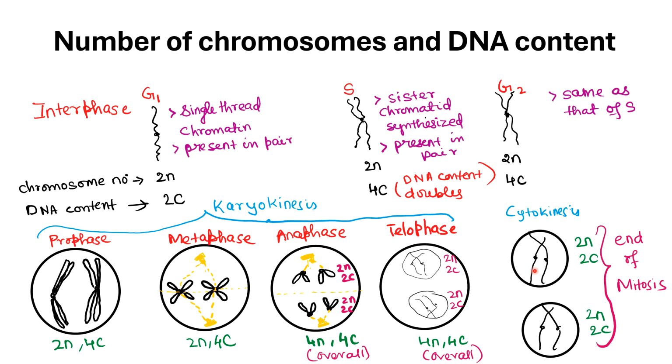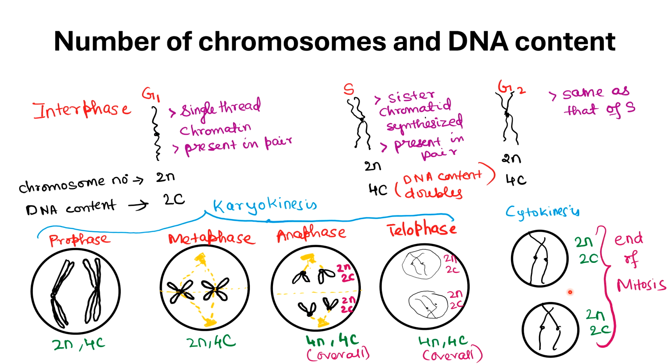When karyokinesis, after telophase, is followed by cytokinesis, we will get two daughter cells. In each, we will have one set of the sister chromatids with 2c DNA content, and similarly the 2n chromosome number.